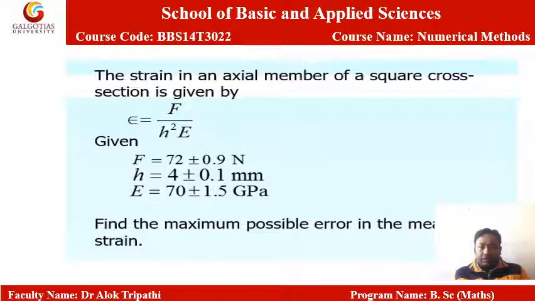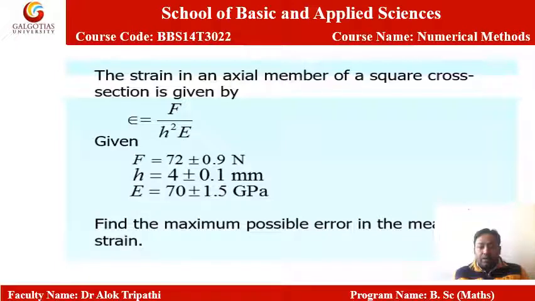Now see this example. The strain in an axial member of a square cross section is given by epsilon equals F upon h square E, meaning epsilon is a function of three variables: capital F, small h and E. The approximate values of these three variables are given by F equals 72 plus or minus 0.9, H equals 4 plus or minus 0.1, and E equals 70 plus or minus 1.5.